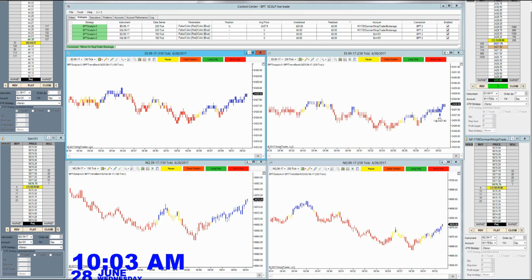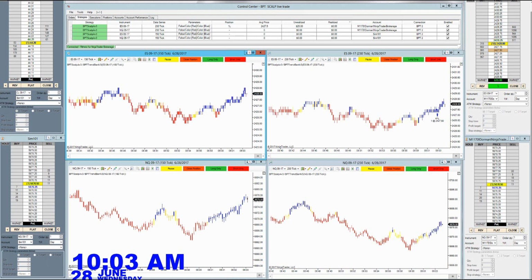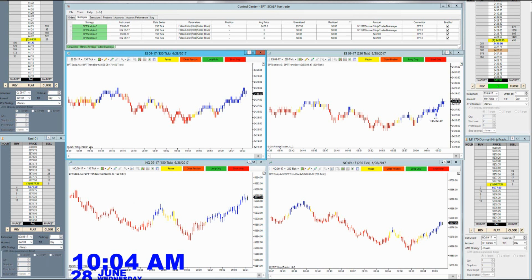By that time I recognized what was going on. I found out that I have the live account at 230, and I have the sim account on 150 ticks. And the laughable story is on the NASDAQ, and you will see what happened.